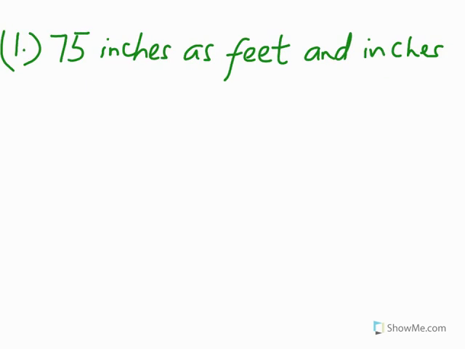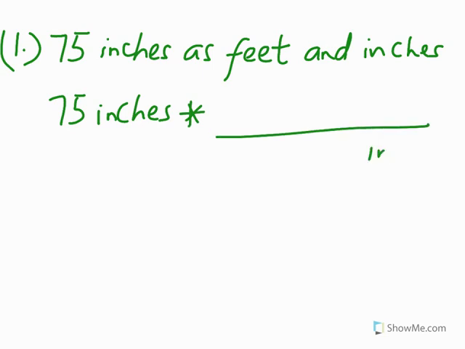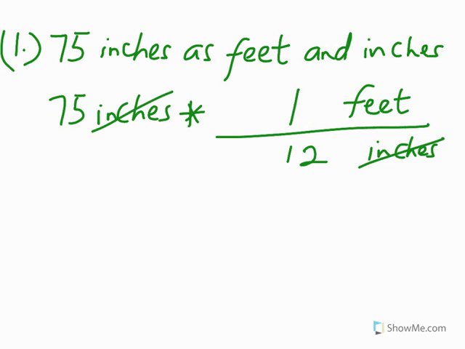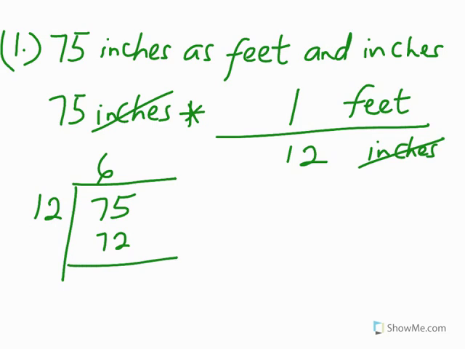So we have 75 inches times, of course, our inches here, 12, and 1 feet. Inches will cross out inches. So we now divide 75 by 12. So we have 6. 6 times 12 is 72. 75 minus 72 is 3. We stop here.